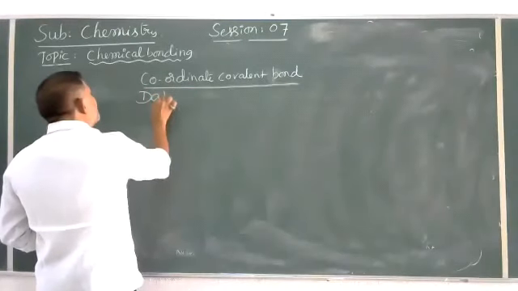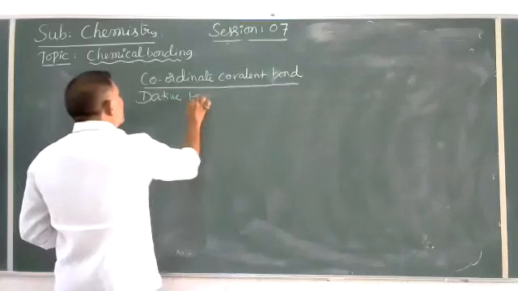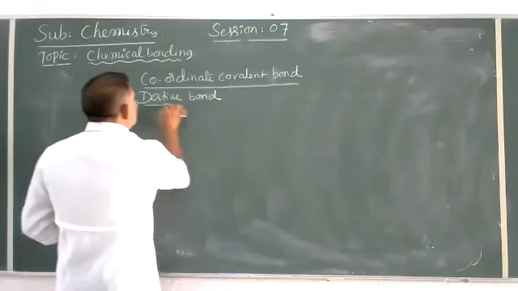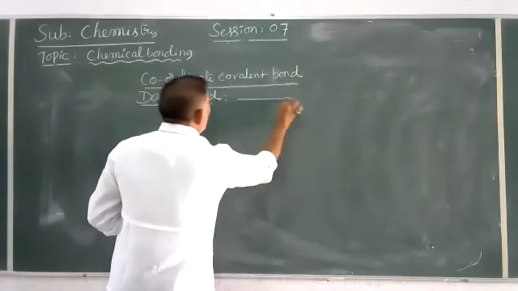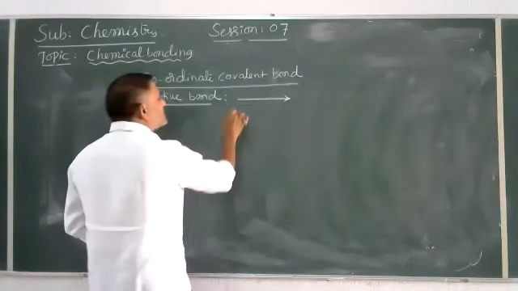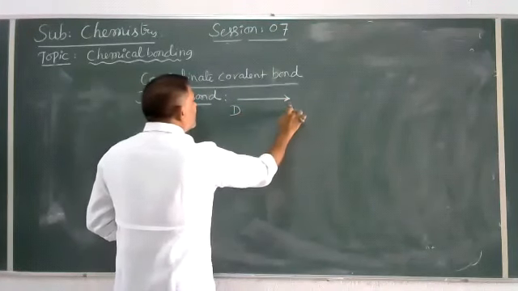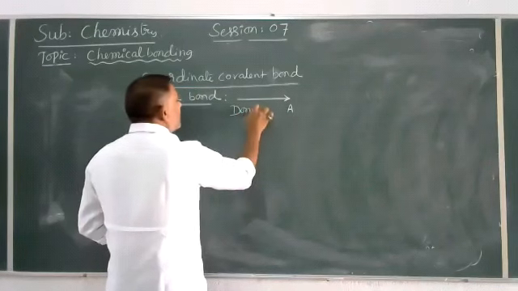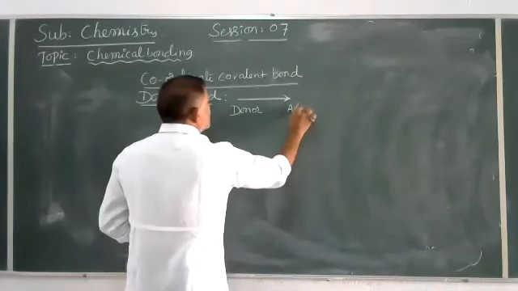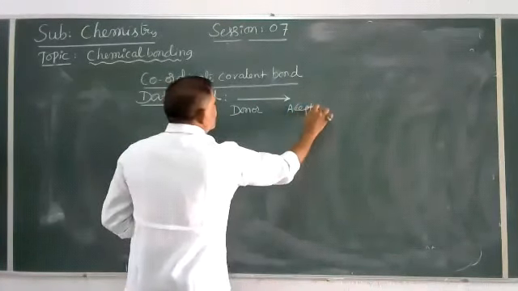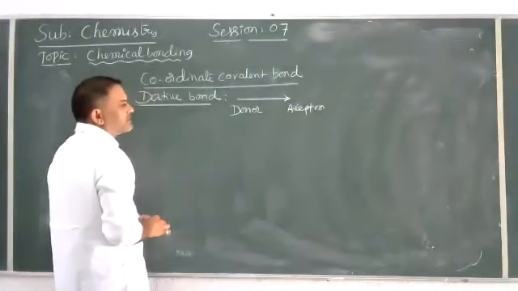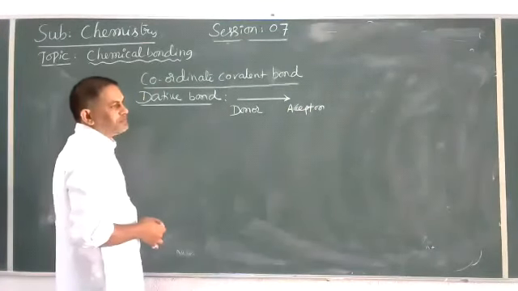This dative bond or coordinate covalent bond is generally denoted by an arrow. That arrow is from D to A, that is, donor to acceptor. D to A means donor to the acceptor.